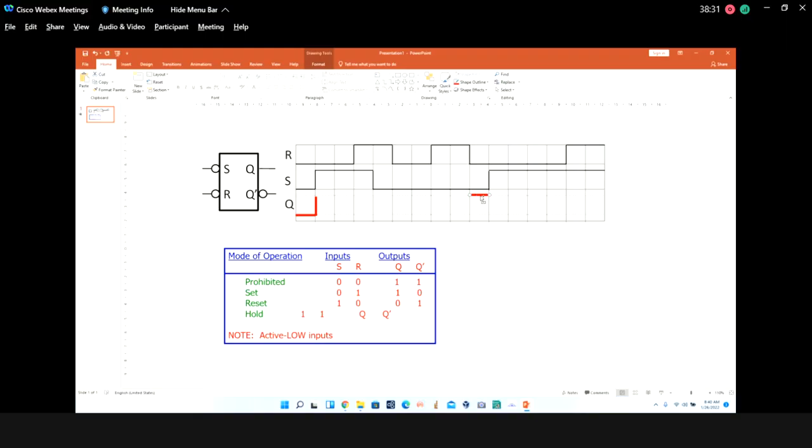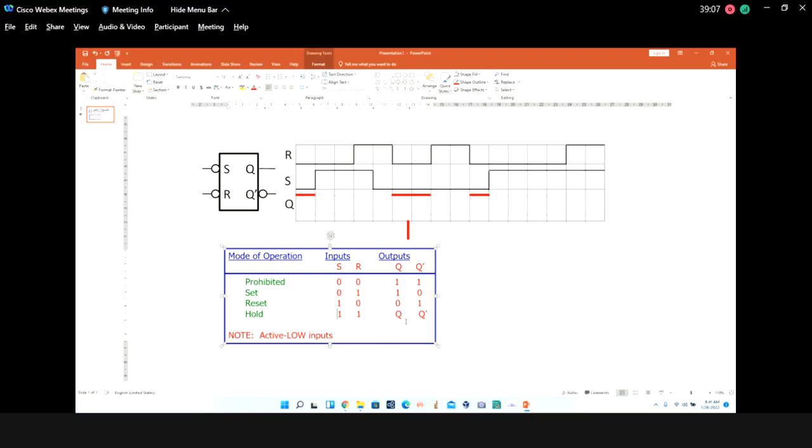Then you just copy and put it here. Same goes to this one. Because we only look at Q, we only care about this column, the Q column.